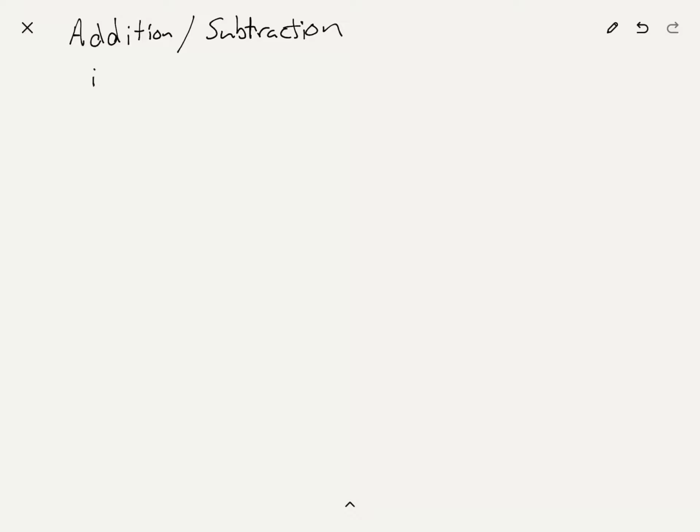So round to the number of least significance.